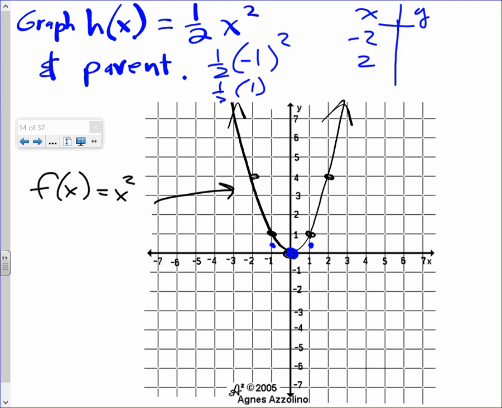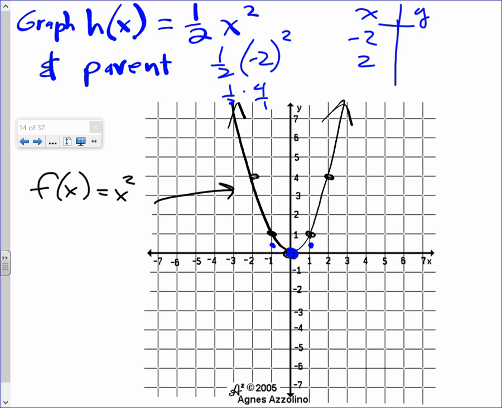So let's see, -2 and 2. 1/2 times -2 to the second power. -2 to the second power, remember we do the exponents before we multiply. Close, careful now. 4. +4, huh? Negative times negative is +4. 4 times 1/2 is really 4 over 1 times 1/2, which is really 4 divided by 2.